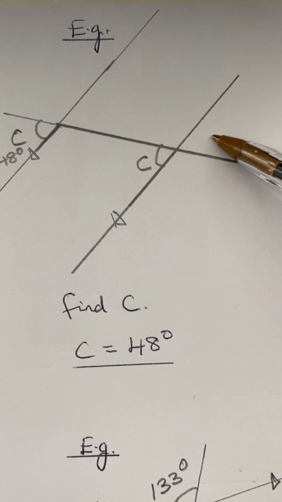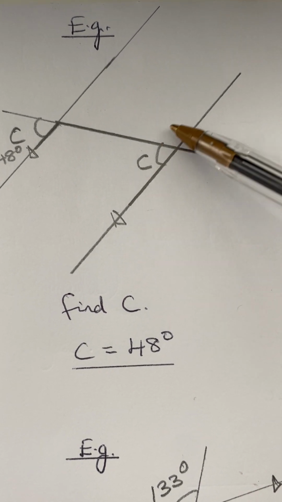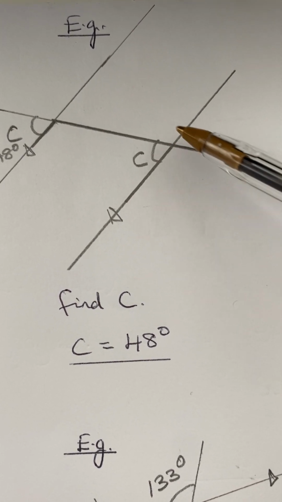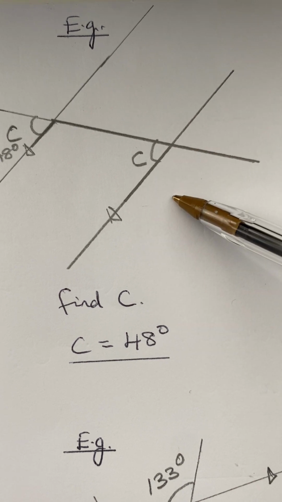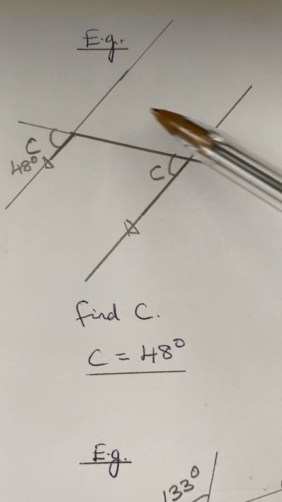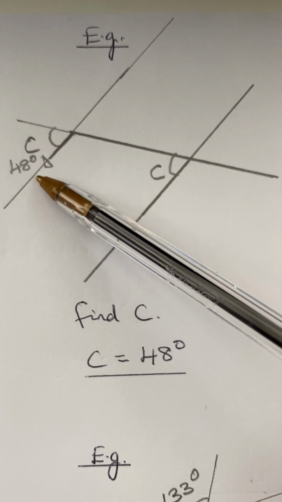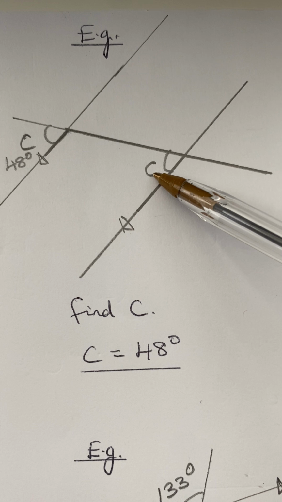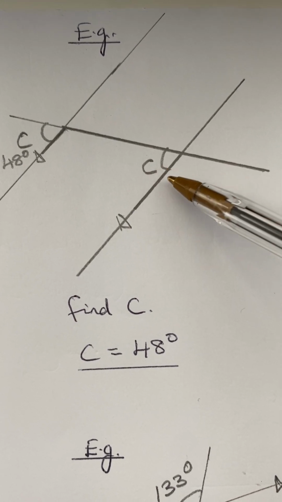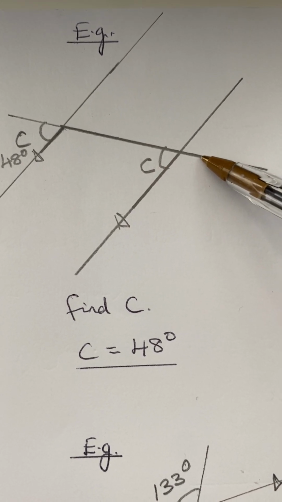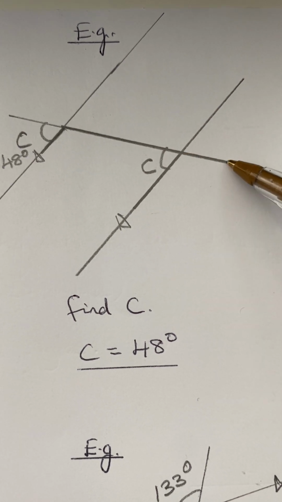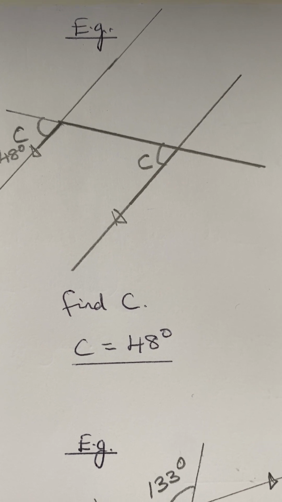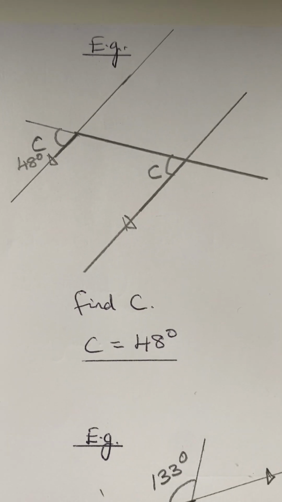So if I add the two 48s together, take it from 360 and divide by 2, I should know these two as well. Also, if I can find the F angle here and I can find this C, then I should be able to find this angle using angle on a straight line or vertically opposite angles. Okay, that's the diagram.